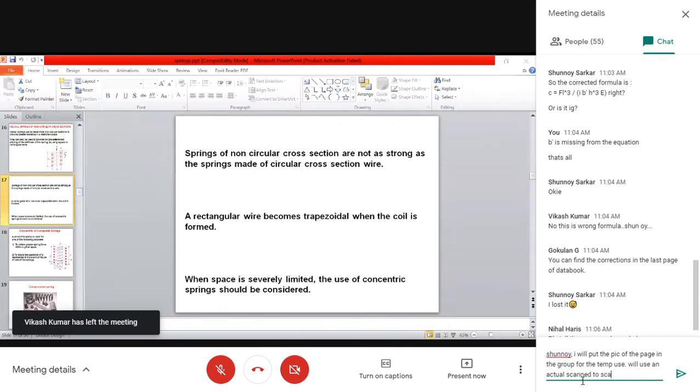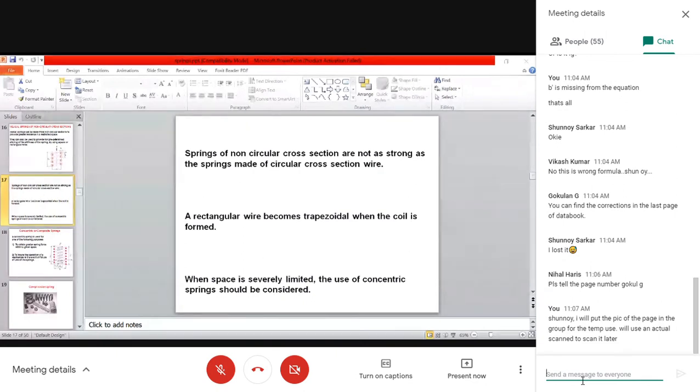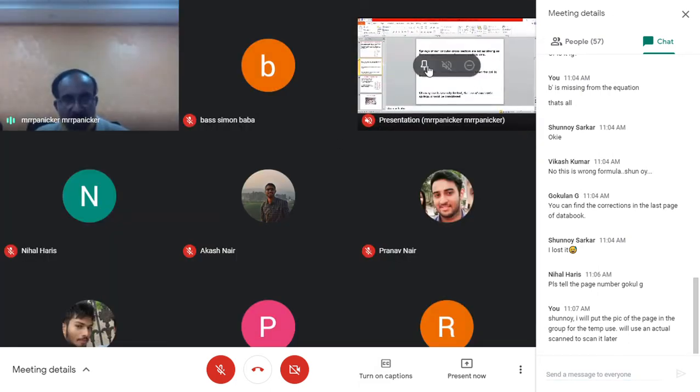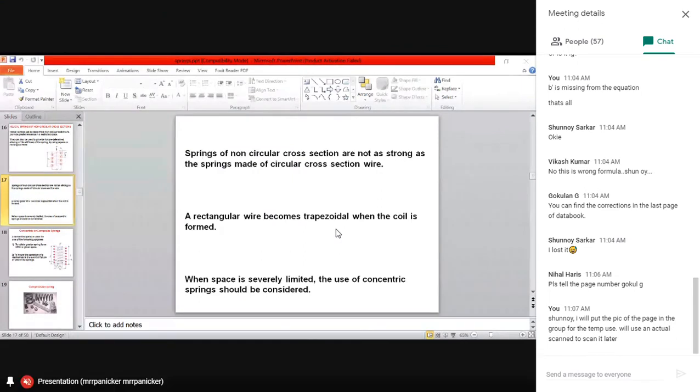This is the Wahl's stress factor. Again, this letter C is there. C is the spring index, and the value is usually between 4 to 12. You can take 6 or 8. If it is not given, you can assume something.